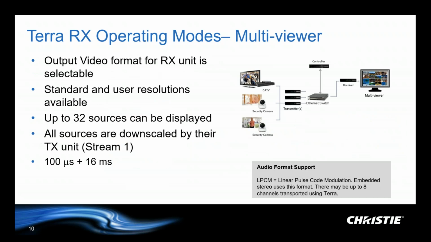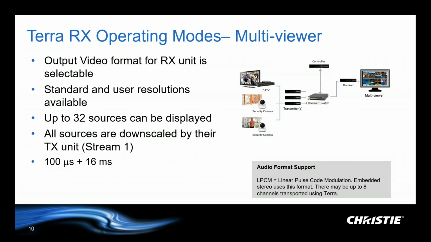So I've just talked about multi-view mode, but that's the last mode that the RX can have. The receiver in multi-view mode still has a fixed output resolution, so it's either standard or user defined, and the receiver can display up to 32 sources.